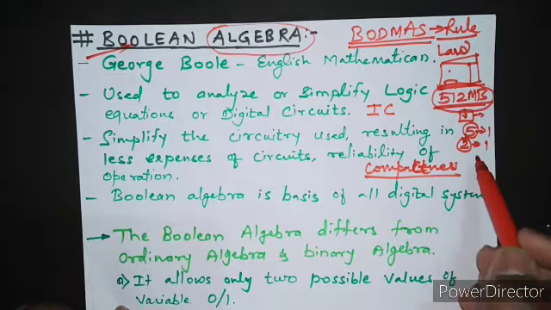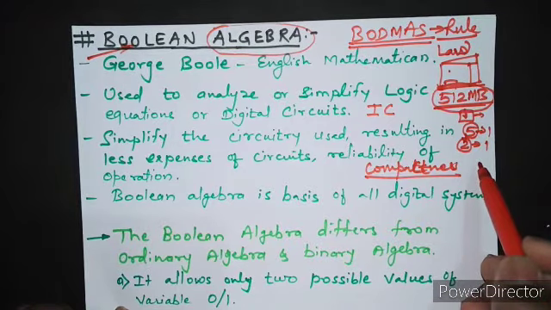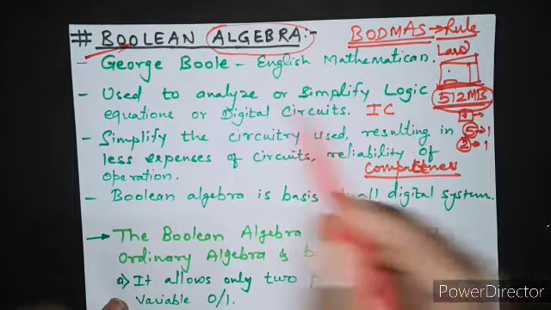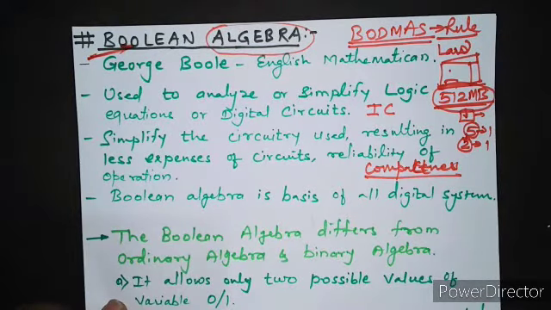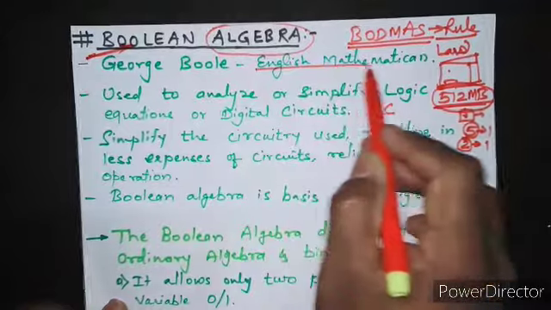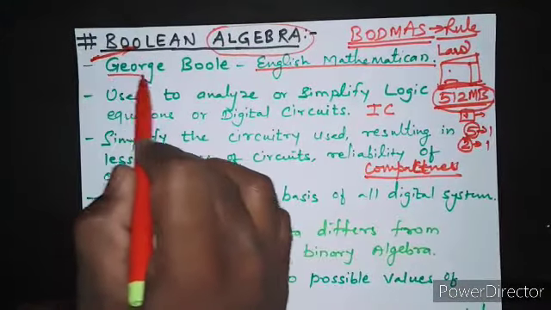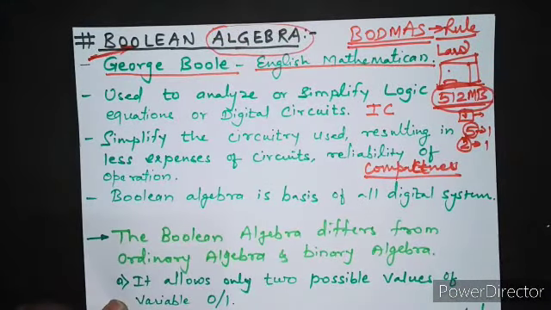Okay, so this is called the reduction technique, simplification or minimization. And how this is achieved is with the help of Boolean algebra, right? An English mathematician, George Boole, developed all this Boolean algebra, and trust me, it is going to be very interesting.